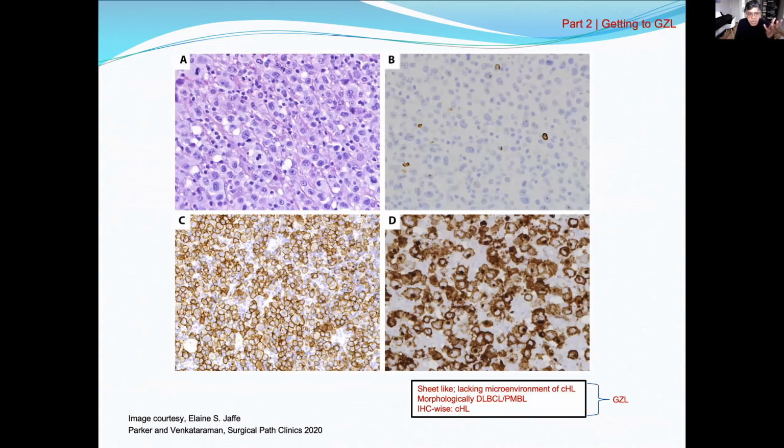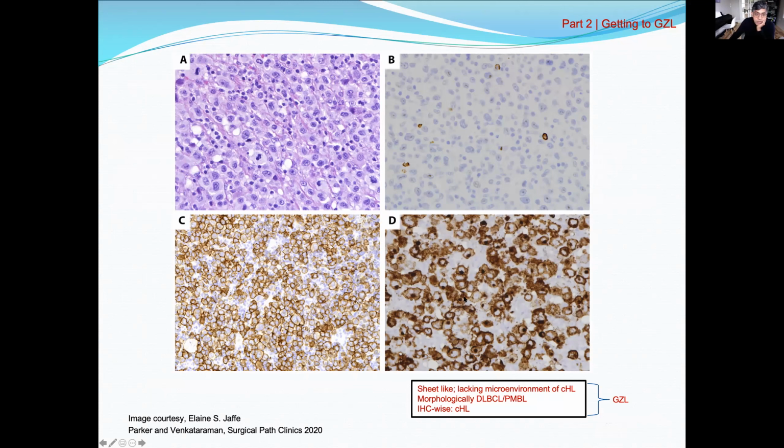So this is a typical gray zone lymphoma where you have sheets of tumor cells and they don't quite have the microenvironment of classical Hodgkin, like eosinophils, plasma cells, sclerosis and all that. And when you do a CD20, sorry, this is CD20, they are negative for CD20. And this is CD30, which is strongly positive, and CD15 is strongly positive.